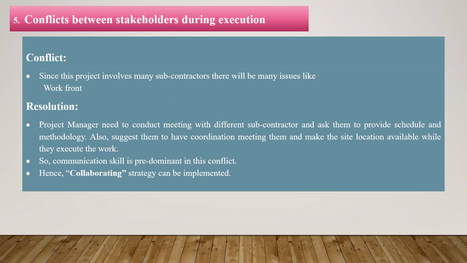The resolution is that the project manager needs to conduct meetings with different subcontractors, and he should provide a schedule and a proper methodology for how to resolve the conflicts and how the work will be executed. Communication skill is predominant in this conflict, and a collaborating strategy can be implemented by the project manager for resolution.